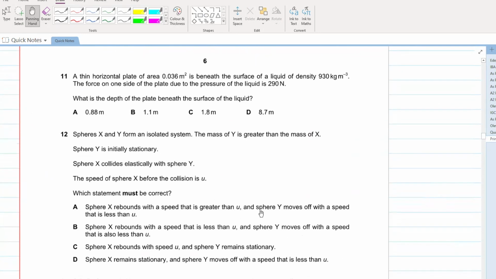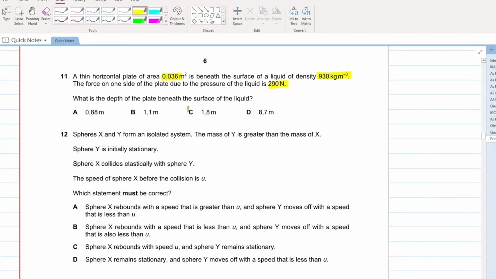A thin horizontal plate of this area is beneath the surface of liquid of this density. The force on one side of the plate due to pressure of the liquid is this. Perfect. What is the depth of the plate beneath the surface of the liquid?